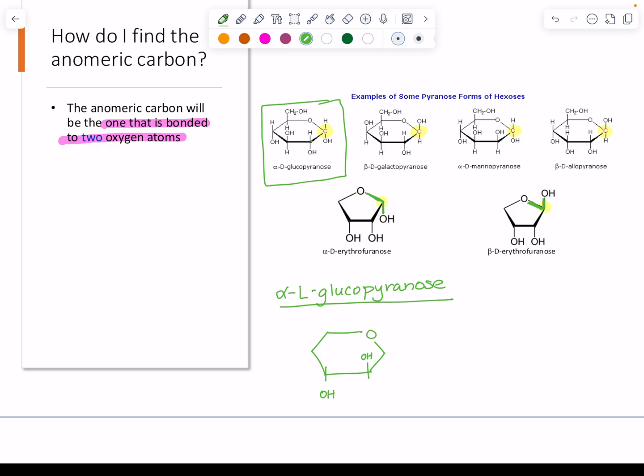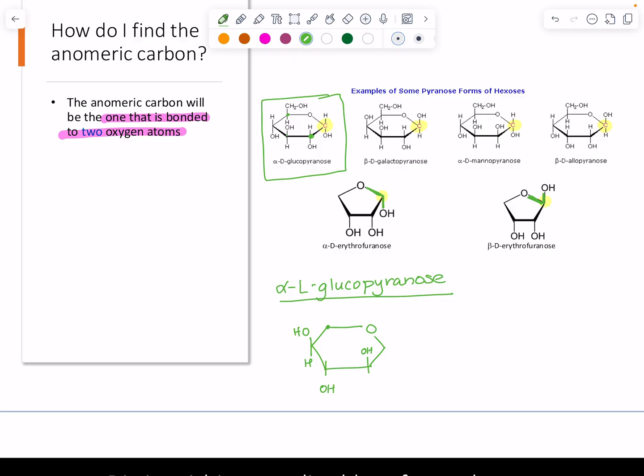So at carbon 2, it's down in D-glucopyranose, so it's going to be up in L-glucopyranose. Carbon 3, it's up in D, so it'll be down in L. Same thing at carbon 4. So now I'm at carbon 5. So I have to change the stereochemistry there, but I don't have a hydroxyl there because that oxygen reacted and it's in the ring. So what I have to do is change where that CH2OH is projecting off of.